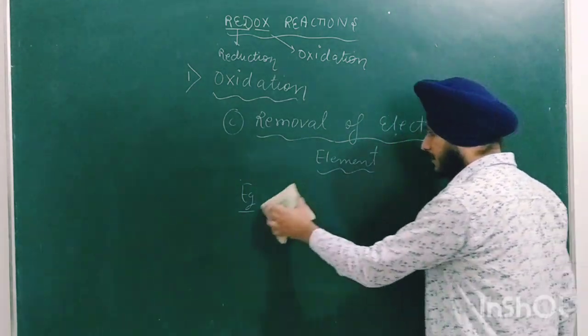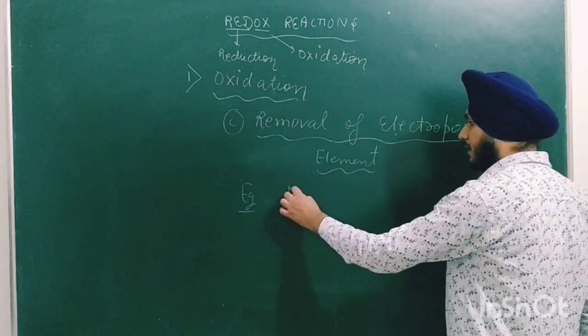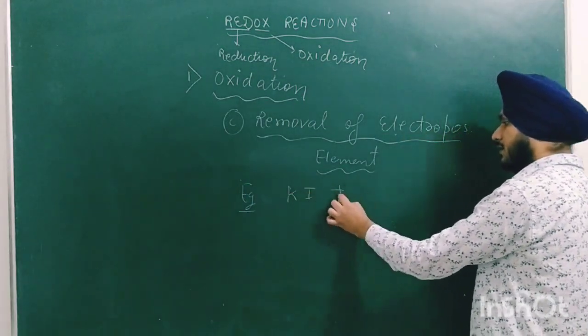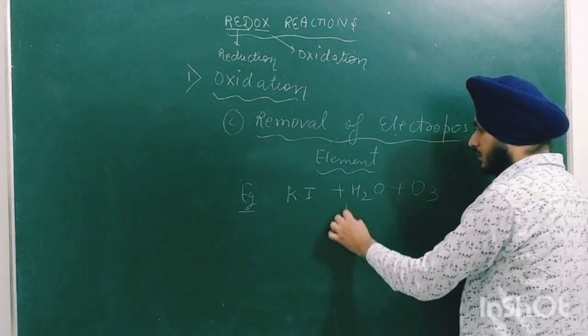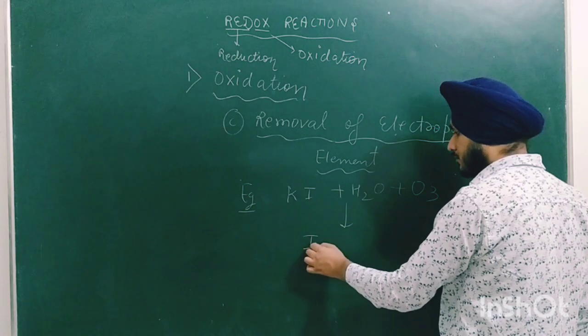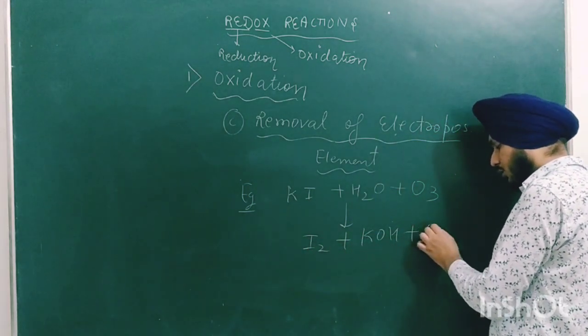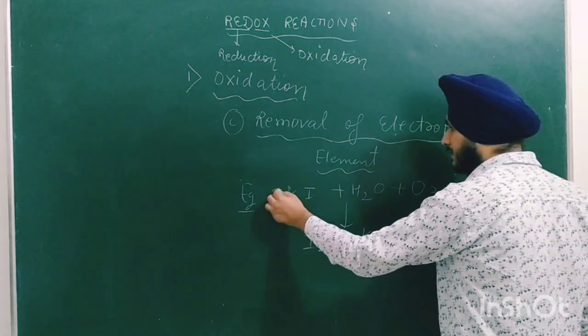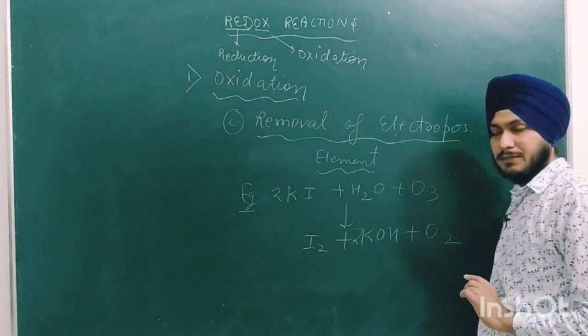For example, potassium iodide reacts with water plus ozone to give I2 plus KOH plus O2. Now balance this equation. This is the balanced equation.